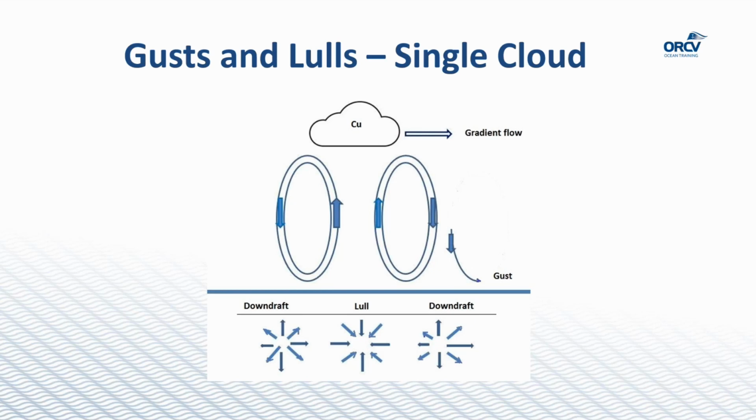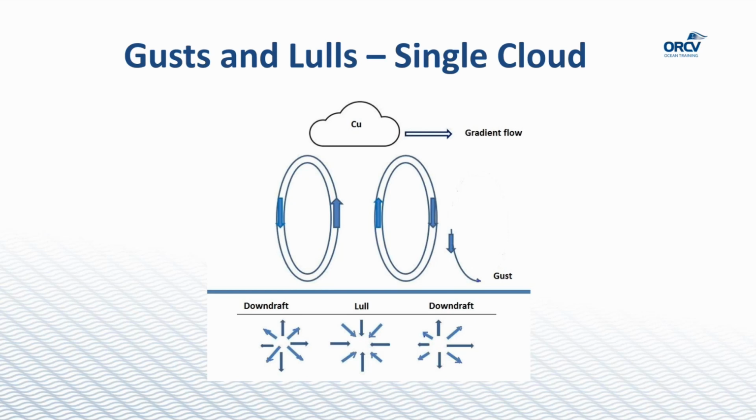Now looking at a single cloud, it's a similar effect, but you don't get as much vertical motion from a cloud pattern. And if you look at the air on the ground, you get these little clock diagrams, and the air is spreading out in a downdraft.